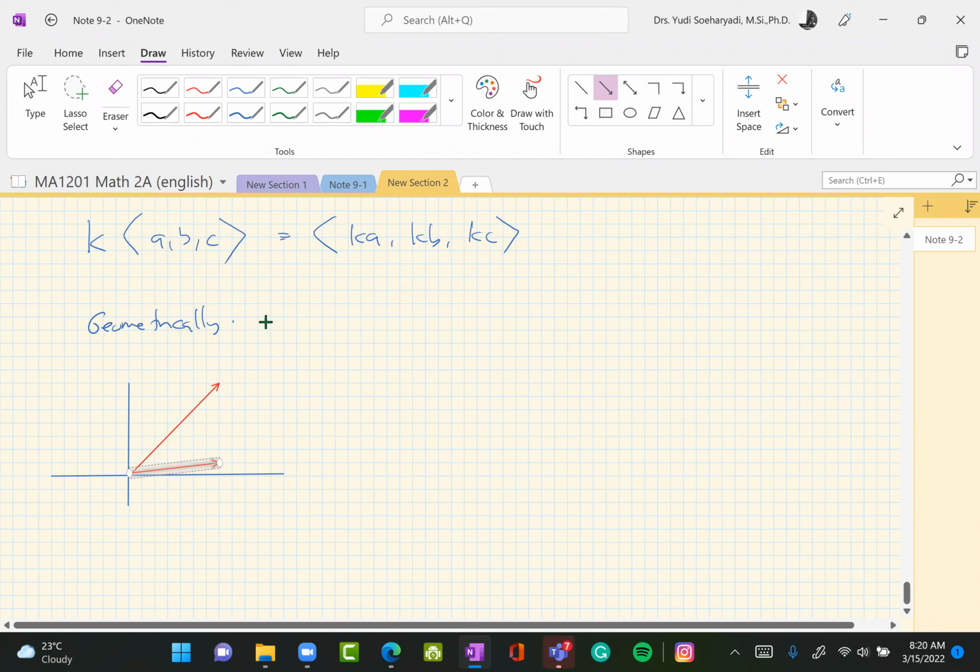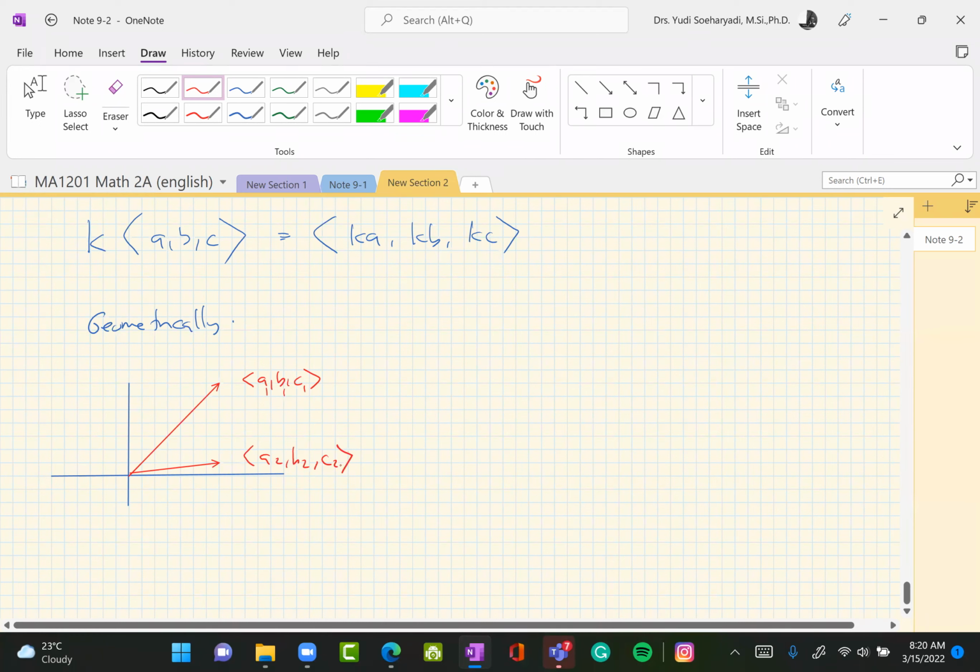Say this is vector <A1, B1, C1>. This is vector <A2, B2, C2>.